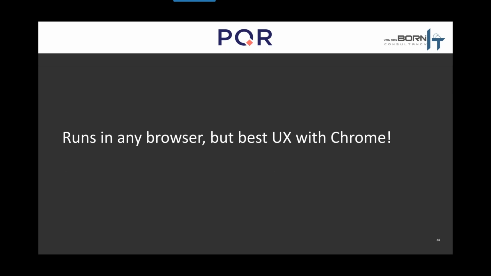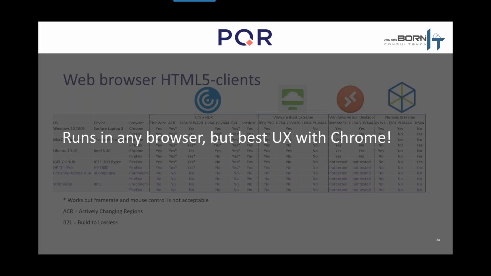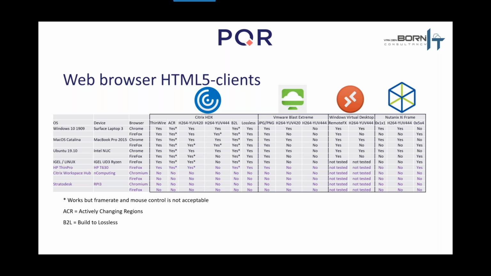We concluded here, and also in our test, that it runs in any browser, but the best user experience is with Chrome. Again, we made this matrix. We will share this afterward, and I will just show you what we've seen here. The first thing that is noticeable is that Citrix is supporting all the codec types through HTML5.